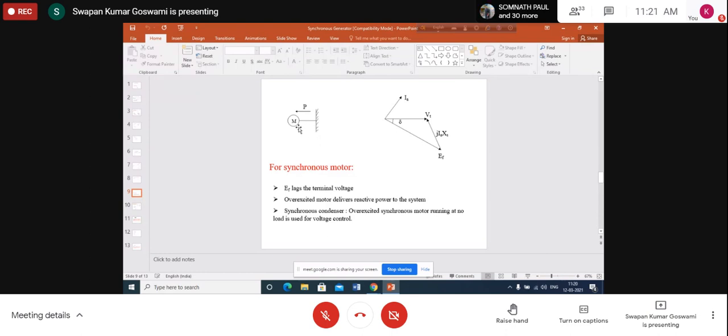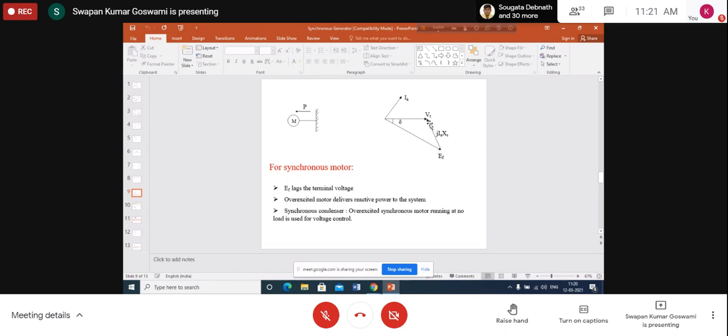Whatever is the load consumed by the motor, if the motor is driving some mechanical load, then more power will be drawn. If the motor is running at no load, then also it will consume its losses from the power system. So the direction of active power flow will be from the terminal voltage to the induced voltage in case of a motor.